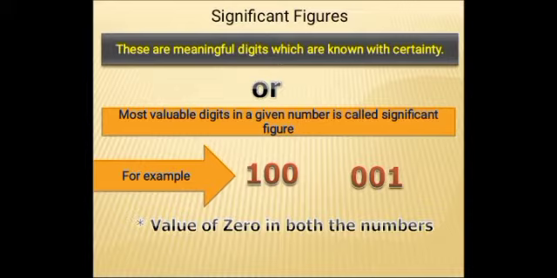Wherever 0 is after a non-zero digit, there is value. You can add one more 0 and it becomes 1000 rupees. Keep adding 0, and the value is multiplied by 10. So this is the significance. In one number there is no value of 0, in the other number there is some value of 0. That is what we are going to teach today.